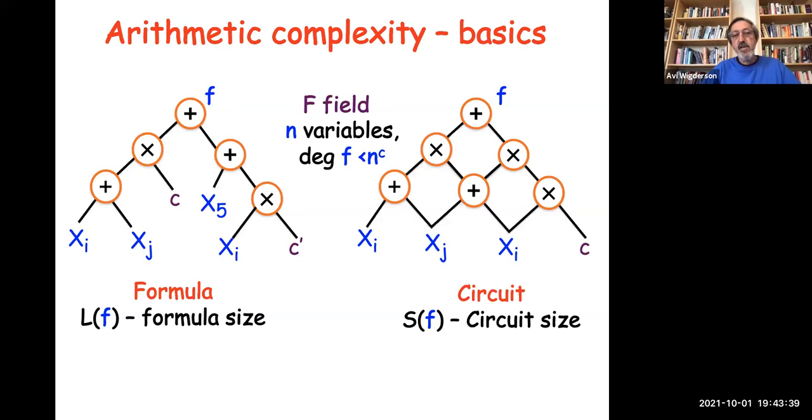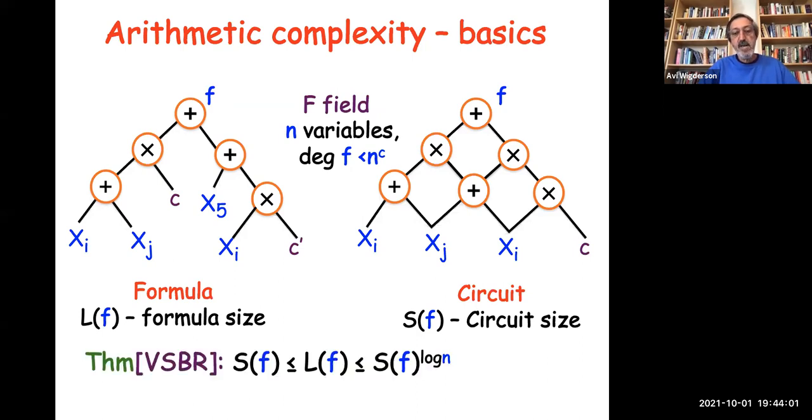We always assume that the polynomials we compute have degree which is polynomially related to the number of variables. This is a basic assumption in the whole field of arithmetic complexity. And given that, and completely in contrast to what we expect is true in the Boolean case, we have the following result that says that these two models are really very close to each other.